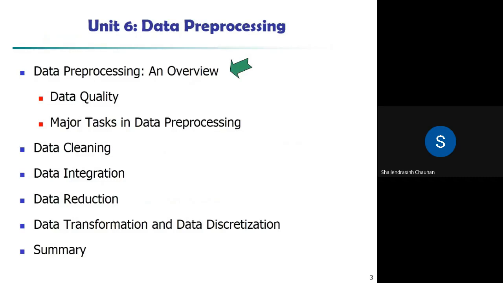These are the major topics that we are going to discuss inside this unit. I think we should stop here for this session, and this unit will start in the next session. Fine.